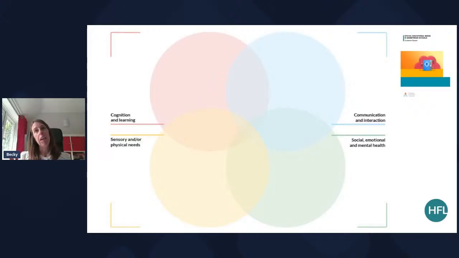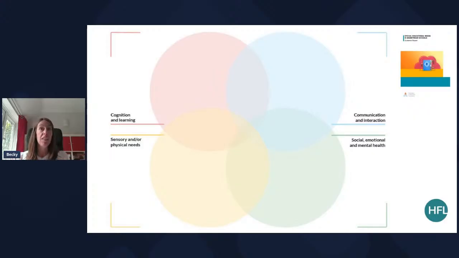And it could well be that actually it is the barrier to learning, a root barrier of communication and interaction needs or cognition and learning needs, that is causing that social, emotional and mental health difficulty. So actually, if we're pitching something too high, or the teacher's not providing the right scaffolds or support on language and vocabulary, then a child's defense mechanism is going to kick in, that fight, flight, fright response.